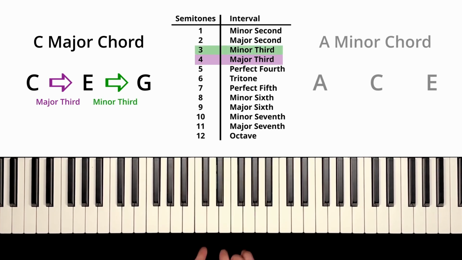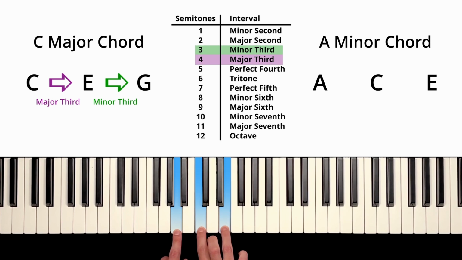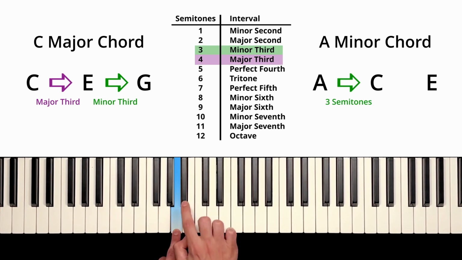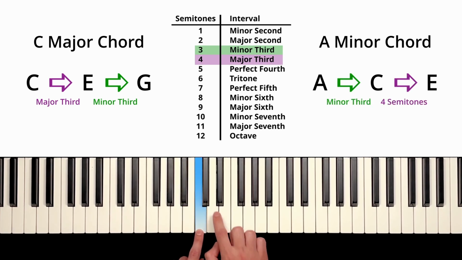In our A minor chord, we use the same 2 intervals, but in reverse. We begin with 3 semitones, a minor third between A and C, followed by 4 semitones, a major third between C and E. So both major and minor chords contain a major third and a minor third, just in a different order.